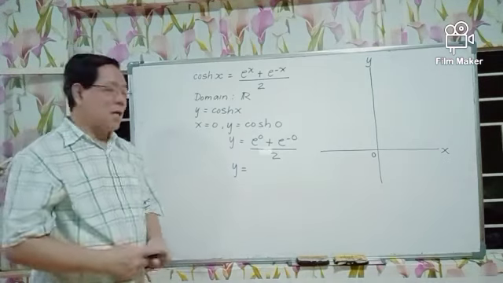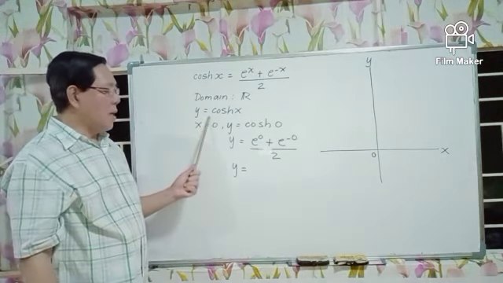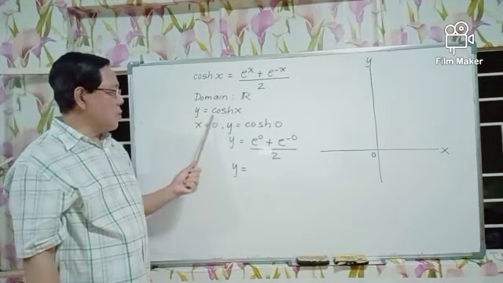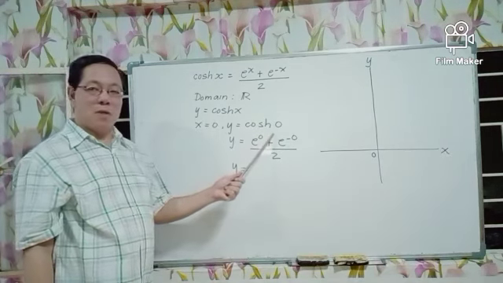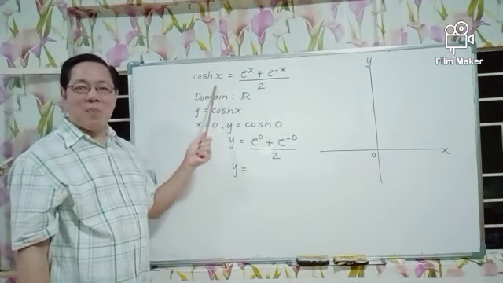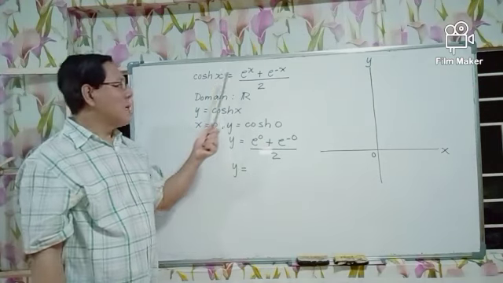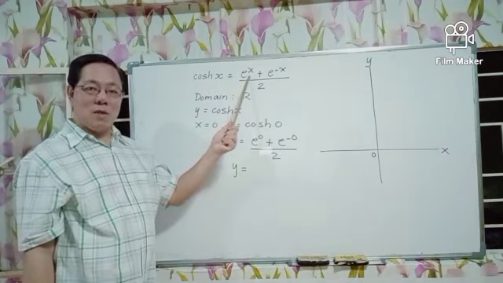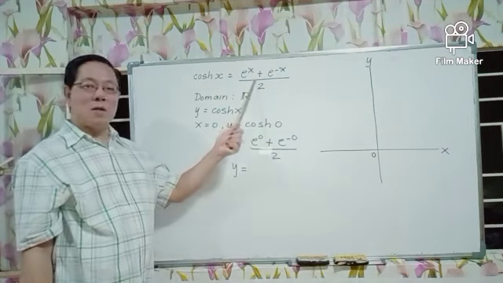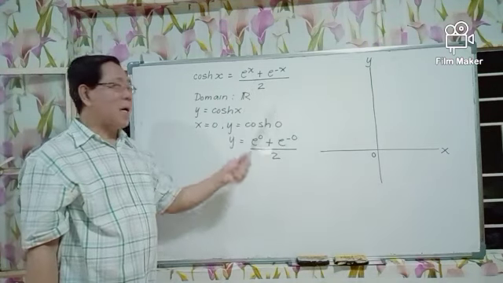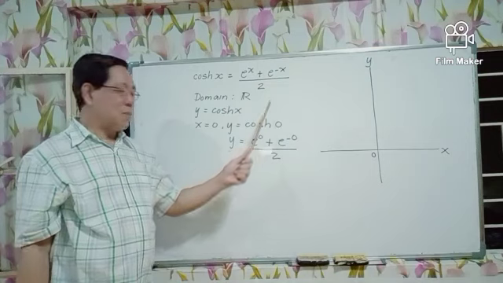By definition of hyperbolic cosine of x, hyperbolic cosine of 0 is equal to e to the 0 plus e to the minus 0 all over 2.